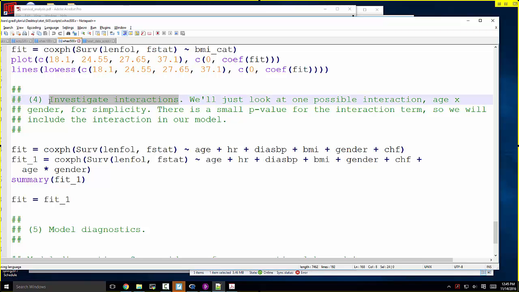Interactions, should there be any? Which ones should there be? Ideally, you would have domain expertise that informs the choice of any interactions. Sometimes interactions are of primary importance. Depending on the study, it may be that you're specifically interested in doing inference on an interaction.